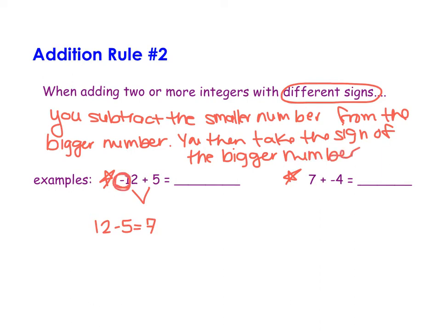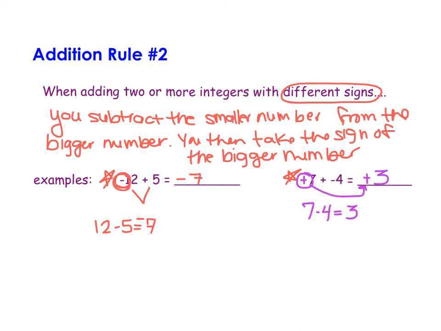Because the 12 is a negative number, this becomes a negative 7. So negative 12 plus 5 would become a negative 7. Now if we look here at example 2, we see 7 plus negative 4. So we subtract, so 7 minus 4 is 3. And because the 7 is a positive number, our result becomes a positive 3.